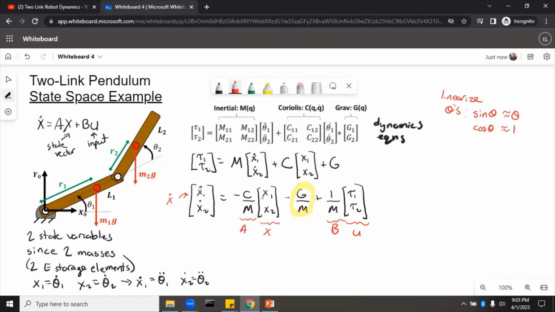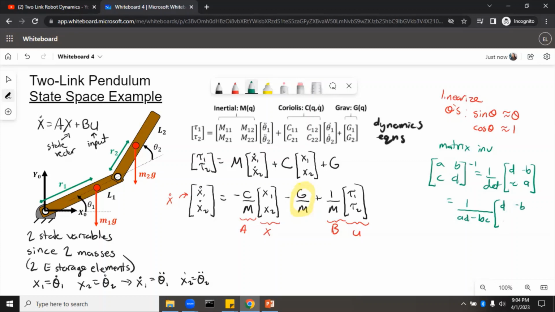Now, also because these are matrices, but we've written them as scalars, we're going to have to expand this some. So, matrix inverse. For a matrix that is A, B, C, D, if we want to take the inverse of it, that is 1 over the determinant times D, negative B, negative C, A, which is 1 over AD minus BC times D, negative B, negative C, A. Okay, that's how you get matrix inverse.